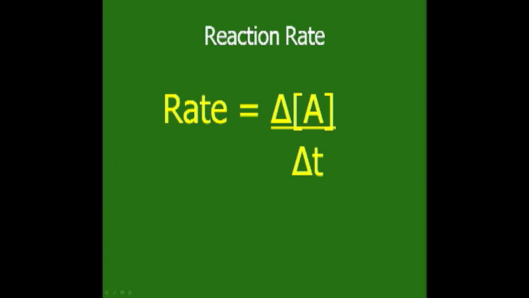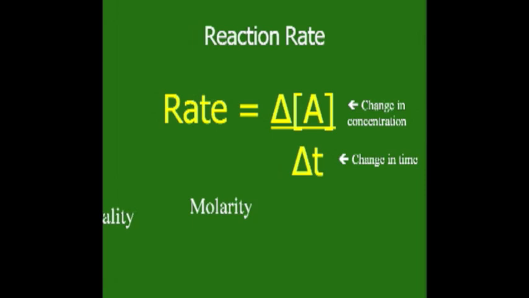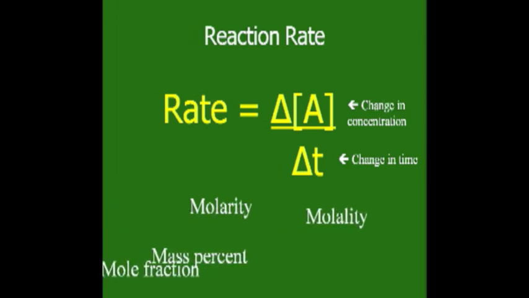We're going to focus on change in concentration, which is denoted by the bracketed substance A, over change in time: seconds, minutes, hours. We're talking about change in concentration. That's a very specific view of the reaction. Let's recall we describe concentration quantitatively by looking at molarity, molality, mass percent, and mole fraction.